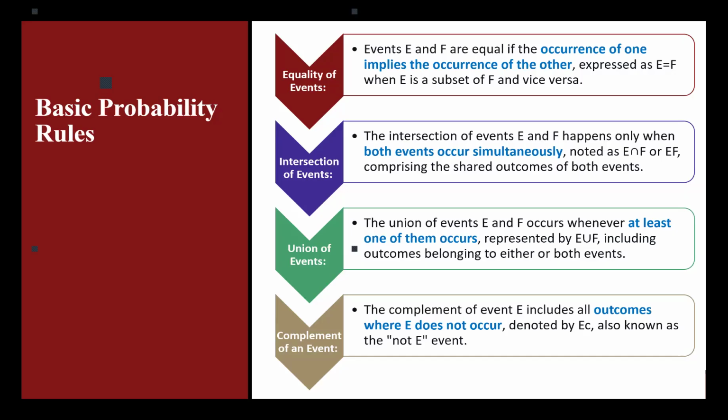Now, when we want to say two events are equal or two sets are equal, that means all the members of the first set are the members of the other, which we had basically in the definition of the subset. So the first one is a subset of the other, and the second one also is a subset of the first one. So it goes both ways.